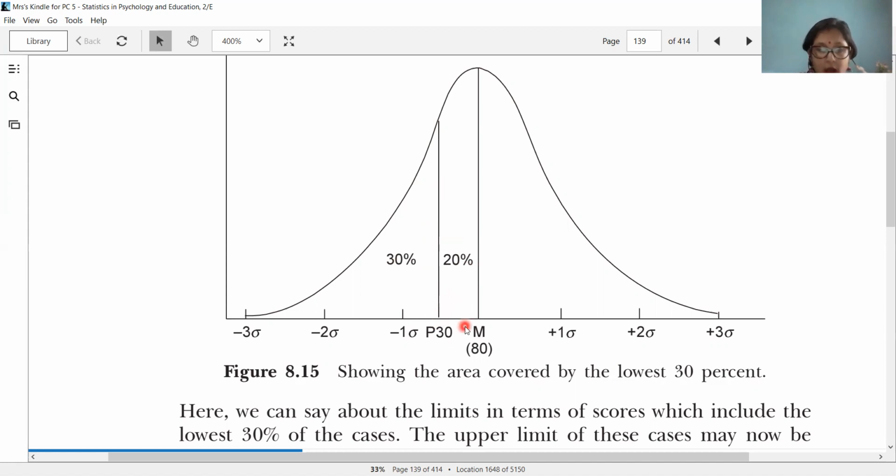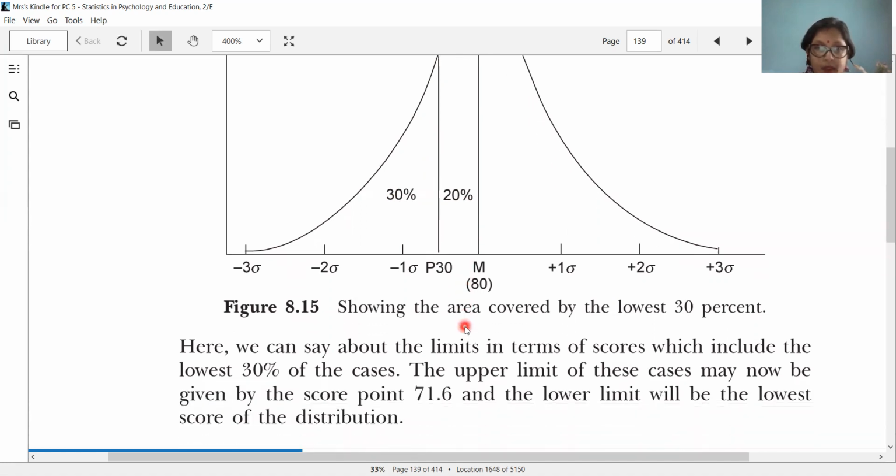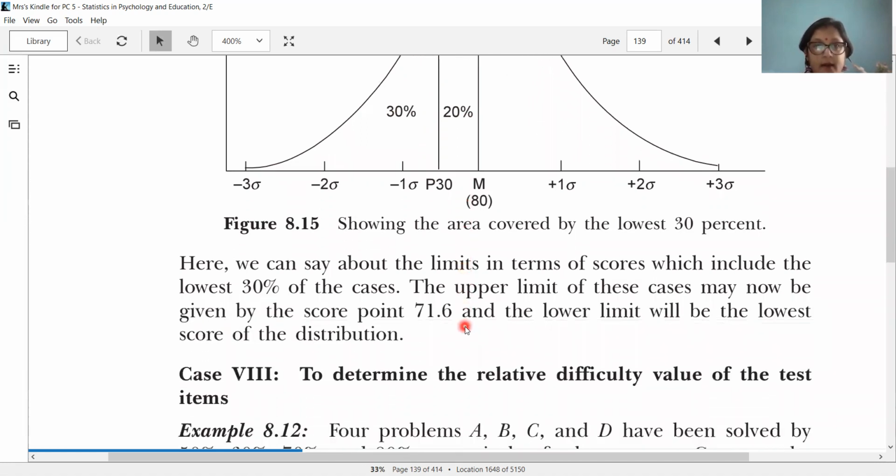Now how we can tell here, the limits in terms of scores, which include the lowest 30% of the cases. Now we can conclude that the upper limit of these cases may be given by the score point 71.6 or 72, and the lower limit will be the lowest score of the distribution.